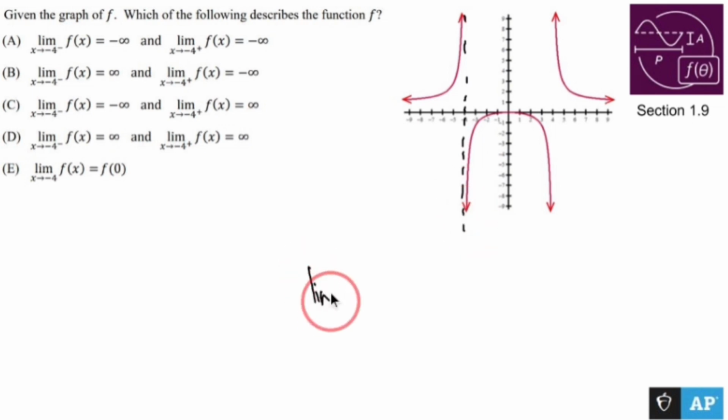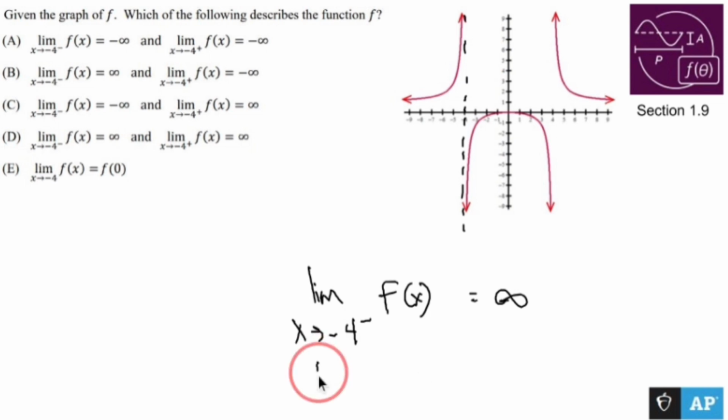So the limit as x approaches -4 from the left of this function called f of x means I'm going to go all the way to the left. And from the left, I'm going to go to -4. And as I hit -4, I shoot up here, which means the limit as x approaches -4 from the left of f of x is going to be positive infinity because I go up here.